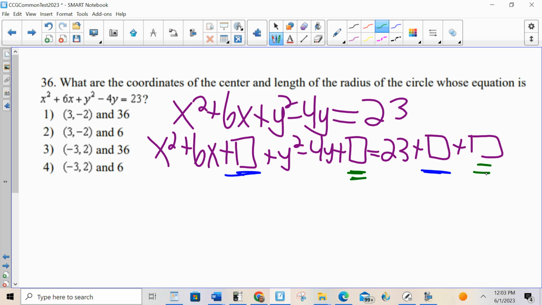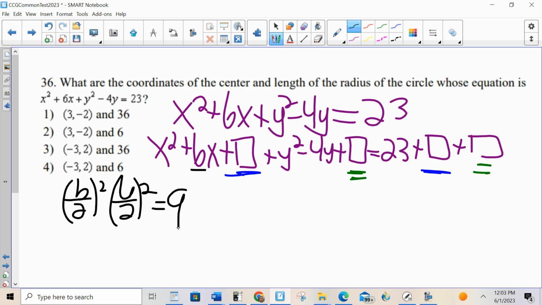To determine what goes inside my big blank square, it's b over 2 squared, where b is the value in front of the x or the y. So for the x's, it's going to be 6 over 2 squared, which is 3 squared, which is 9. And for my y's, it's going to be negative 4 over 2 squared, which is negative 2 squared, which is 4. So 9 for the x's, 4 for the y's.